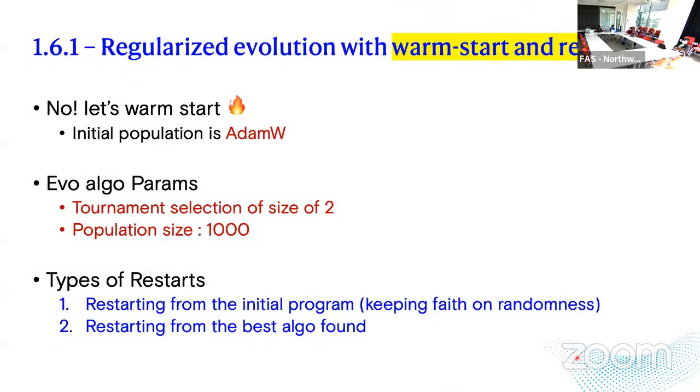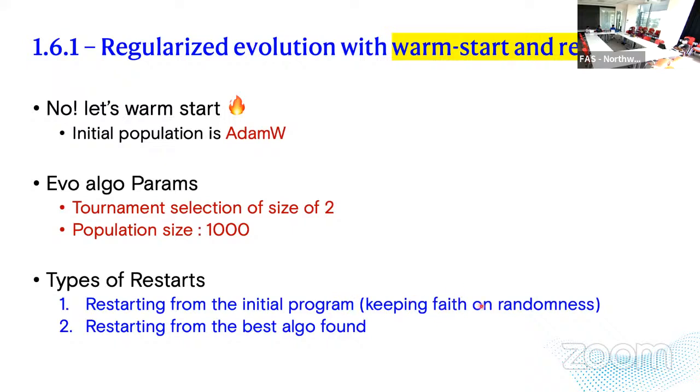And also with this bomb start, they use something called pre-start. So there are 2 approaches we can take. The first one is we just restart again, keeping faith in randomness. So there's no random seed fixed or anything. This sort of restart we can do in parallel, because it's just running at 2 different times.